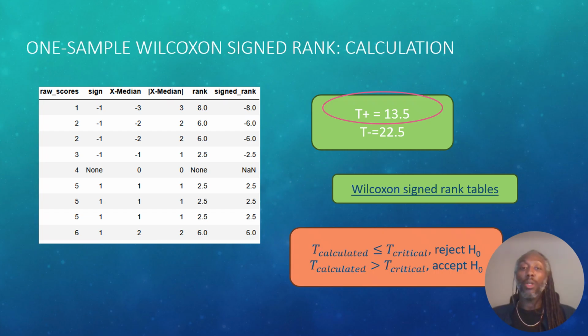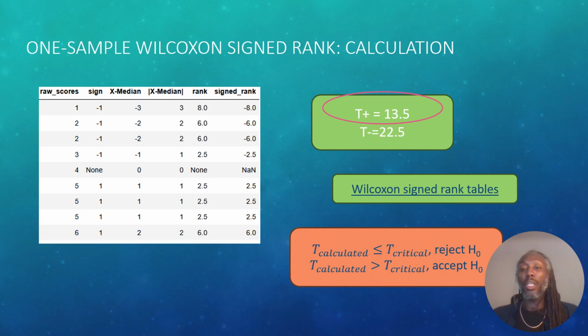T minus takes all the negative ranks and adds them up, or rather, their absolute values. So it will take the 8, the 6, and the 2.5, add them together, and that should put us at 22.5. Now, you're going to take the lowest of those values, and that is going to be your comparison statistic.